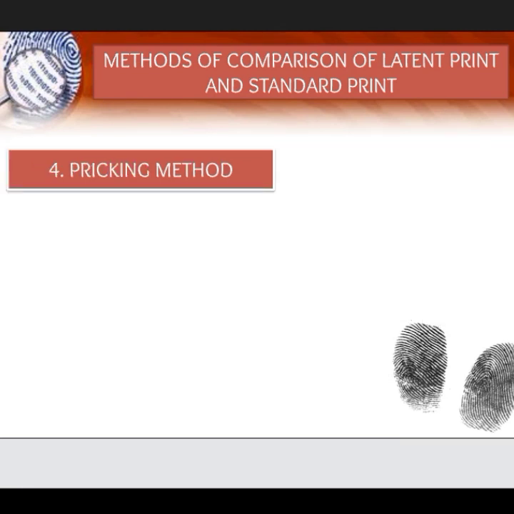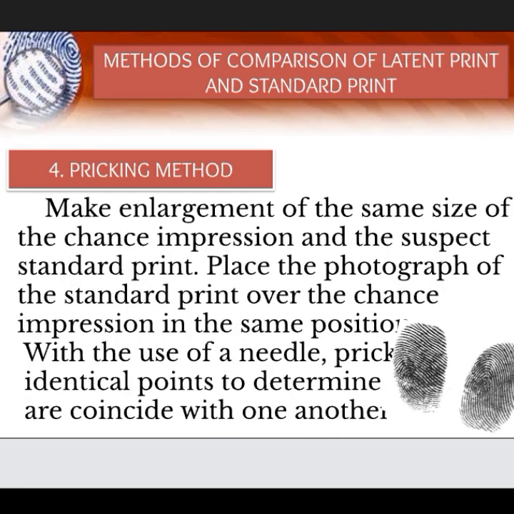Number 4, pricking method. Make an enlargement of the same size of the chance impression and the suspect's standard print. Place the photograph of the standard print over the chance impression in the same position.